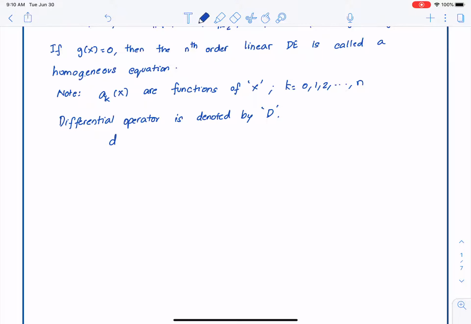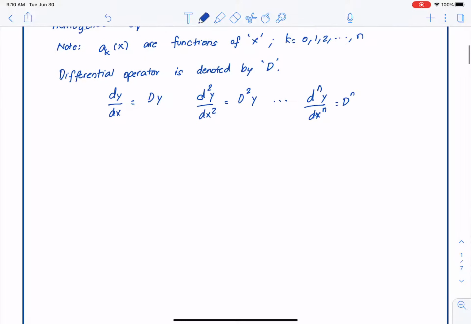So if we have dy over dx, we can simply write it as D times y. If we have d squared y over dx squared, we can write it as D squared y. Extending the idea, the nth derivative can simply be written as D raised to n.